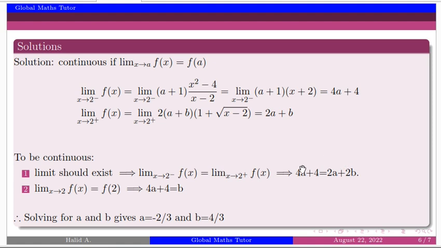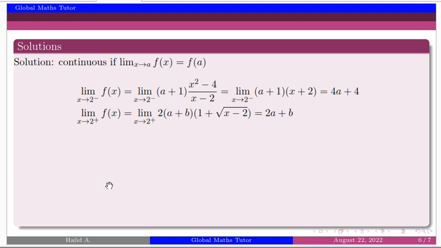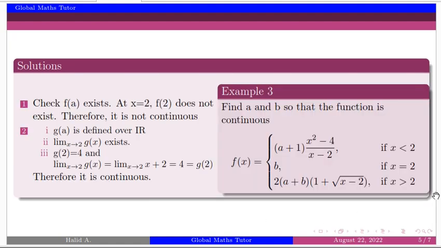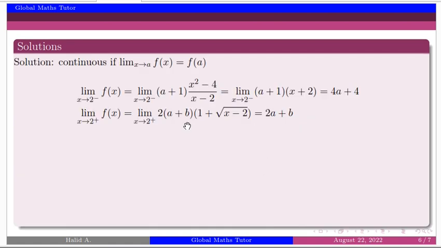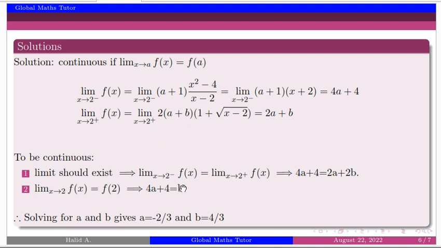And the second thing is, after this limit exists, this limit value must be equal to that of f at that point. f at 2 is b, so this b must be equal to the limit, that means 4a plus 4 or 2a plus 2b.